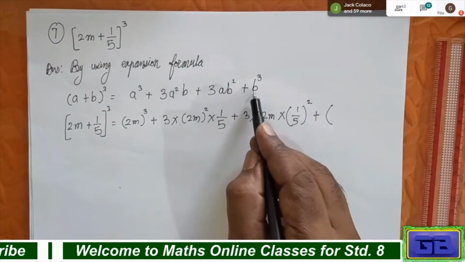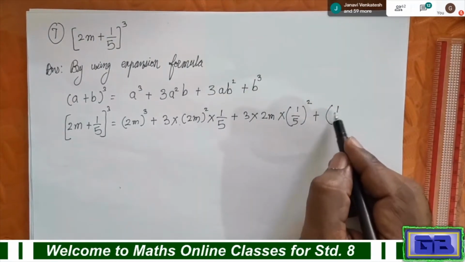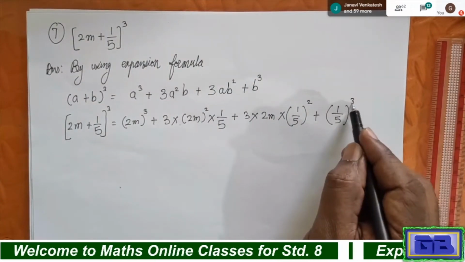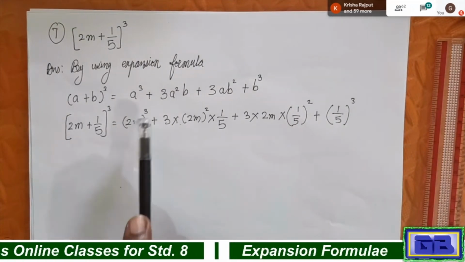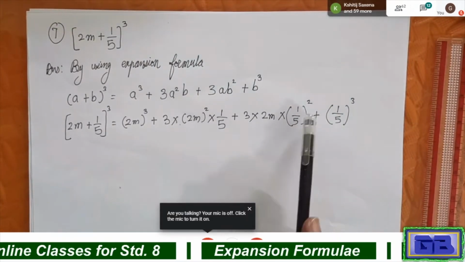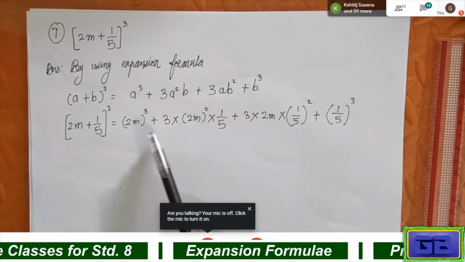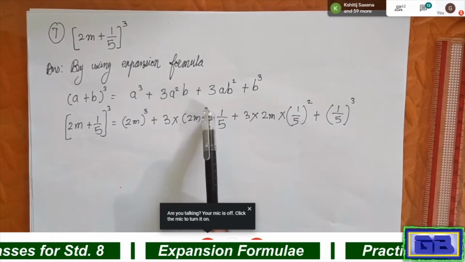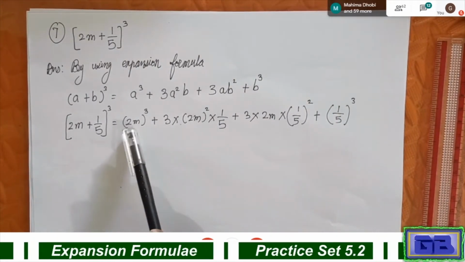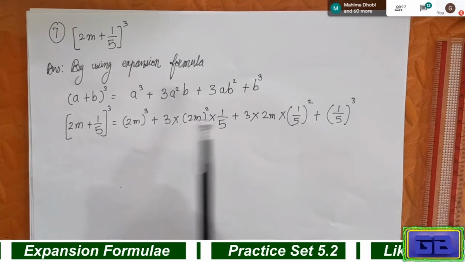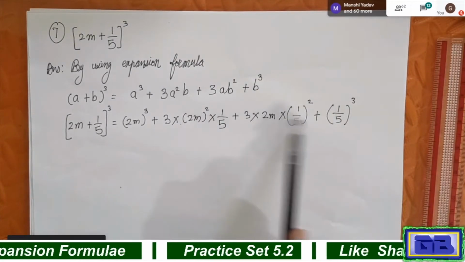Plus again b cube, I will take it in bracket, (1 by 5) cube. In this step I will take all the values as it is in the form of cube and square. We have not solved any cube or square in this step. So in the next step we will take the actual value of cube of this bracket and squares of all these brackets.